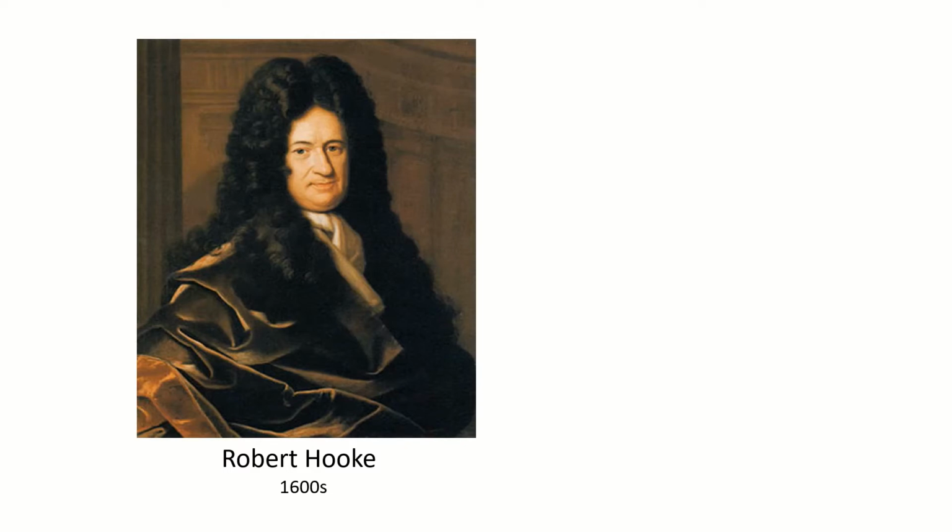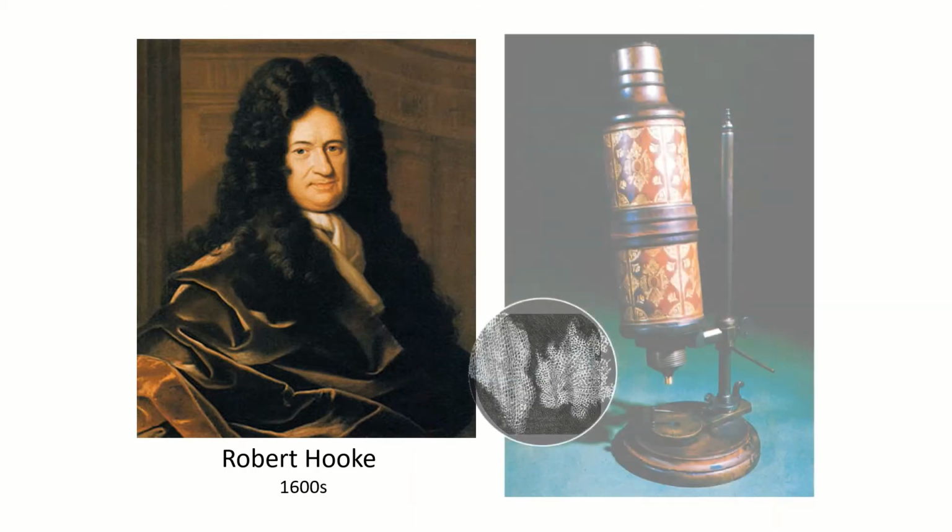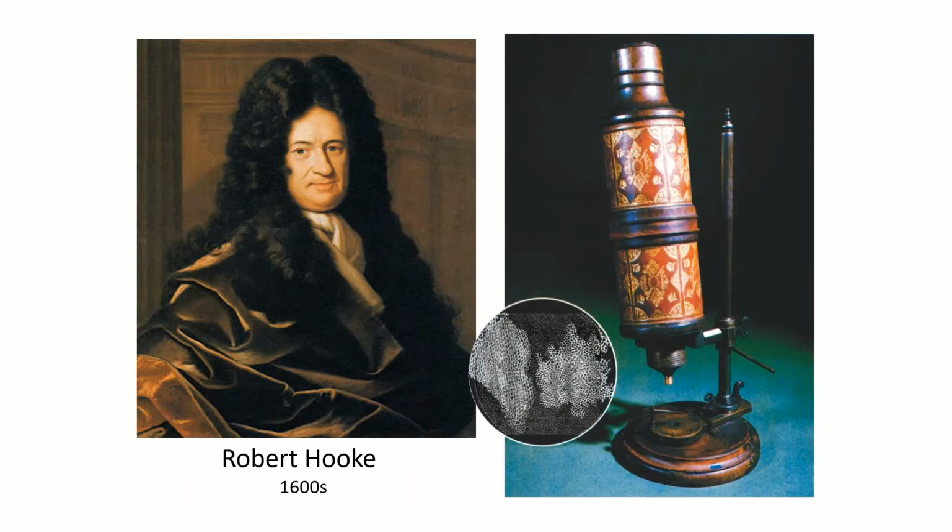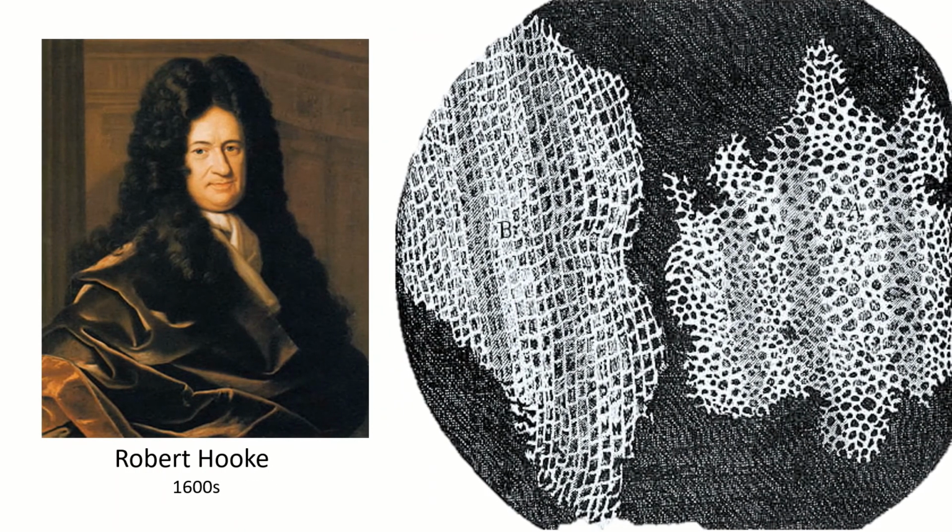And the microscope during his time was a prized possession, new and very current to the scientific community. So because Robert Hooke had access to the microscope, he had the luxury of observing many things under it. One object he observed was a thin slice of the cork tree's bark. And this is what he observed.